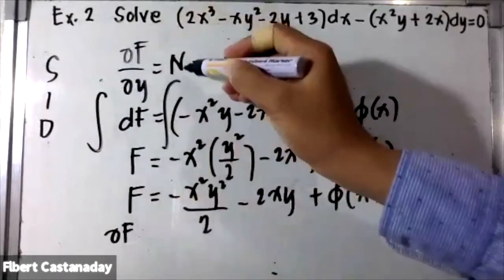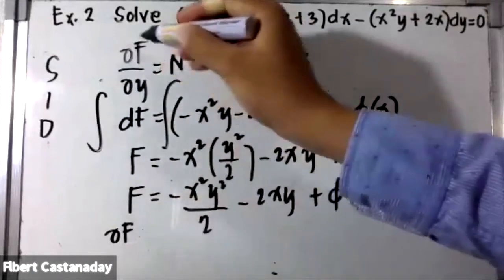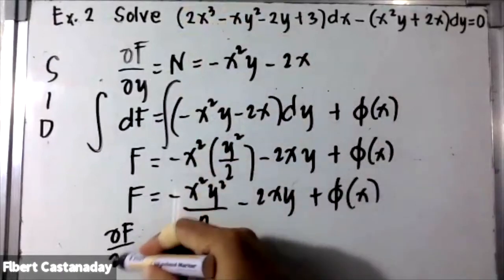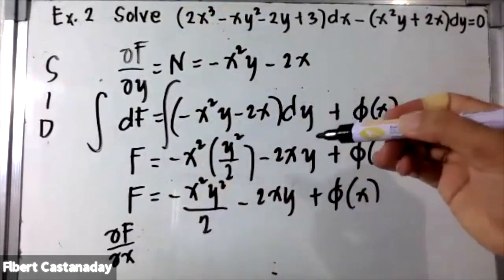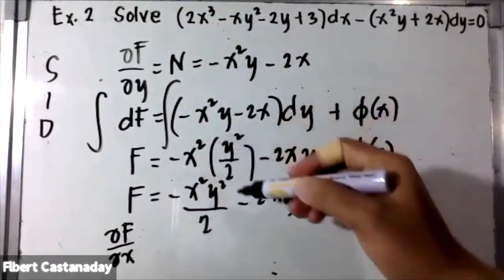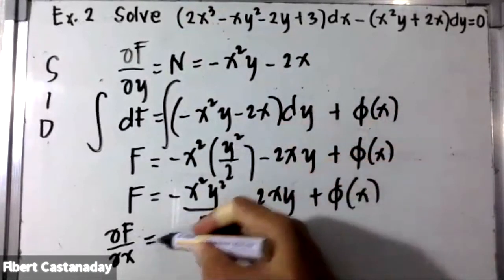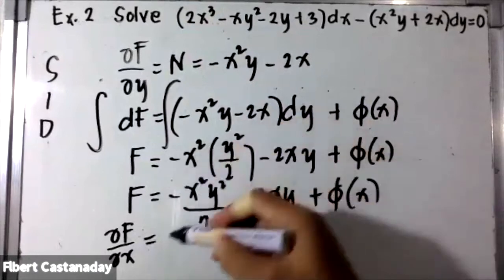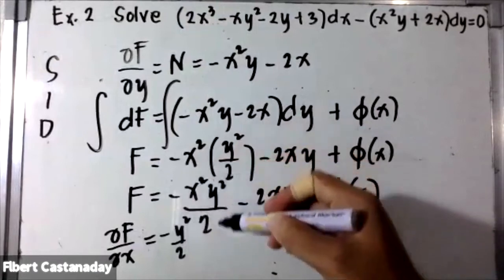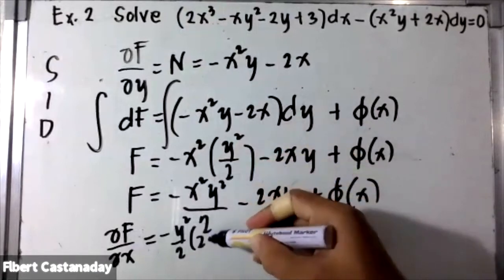Since we have set n, which is equal to partial of f with respect to y, now we differentiate the function with respect to x. In this case, y is held constant, so we copy y. Here you copy negative y squared over 2, and then differentiate x squared. We have 2x.